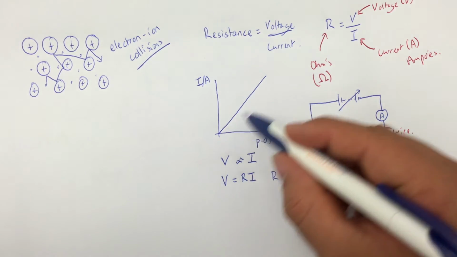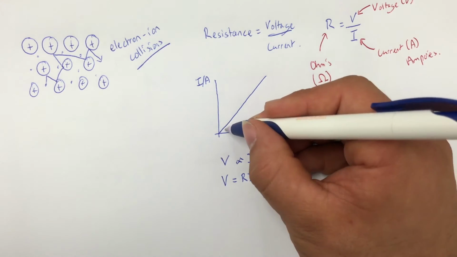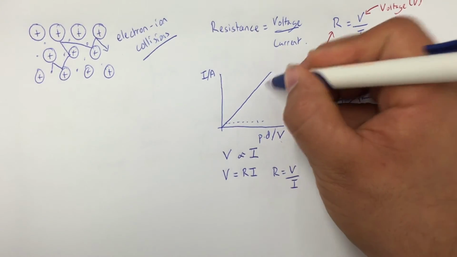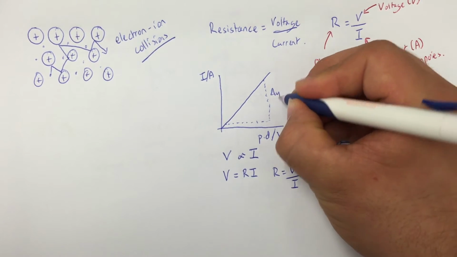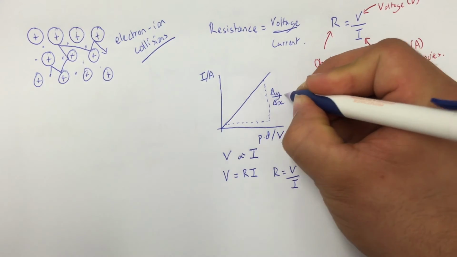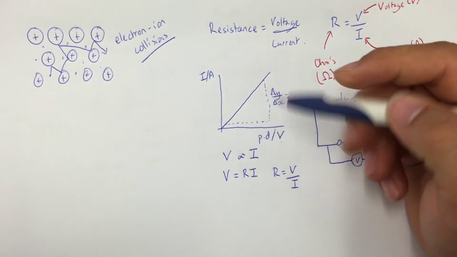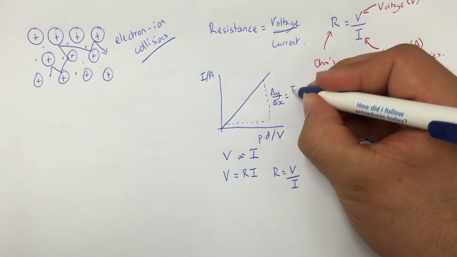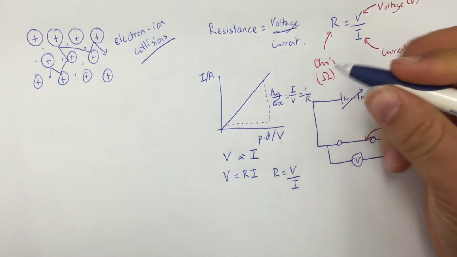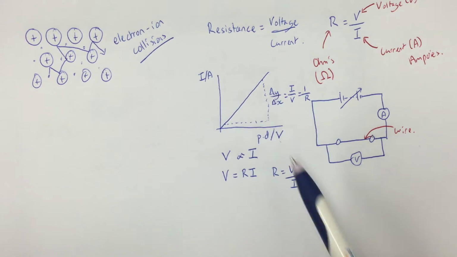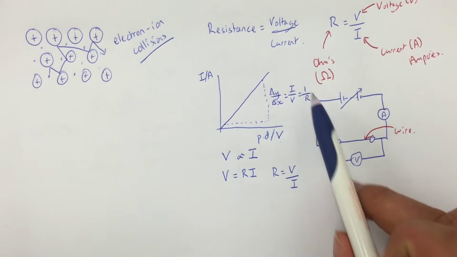Now, the gradient of this line, just to clarify, remember gradient is the change in y over the change in x. That would be current divided by voltage. So if we're doing current divided by voltage, that is 1 over resistance. So the gradient of this line isn't equal to resistance, it's 1 over resistance.